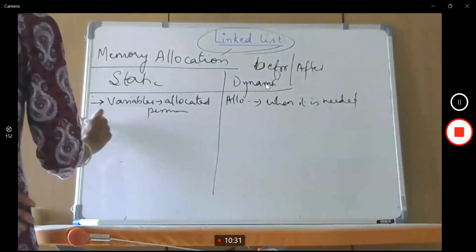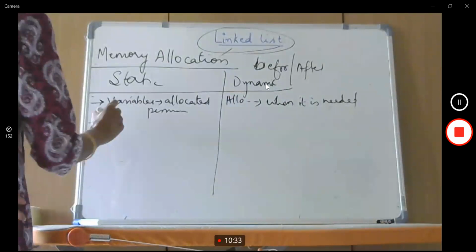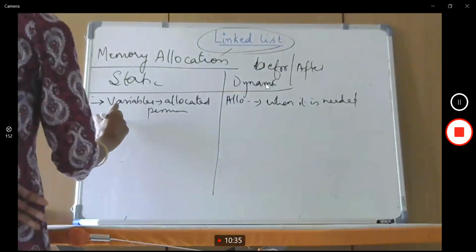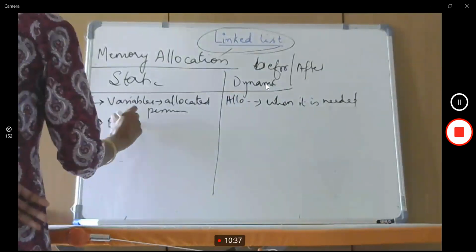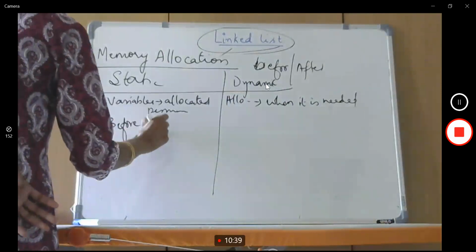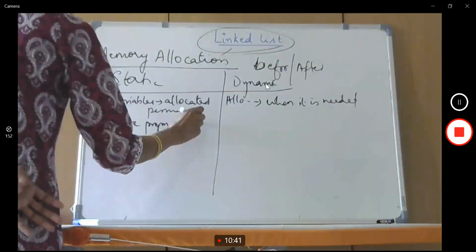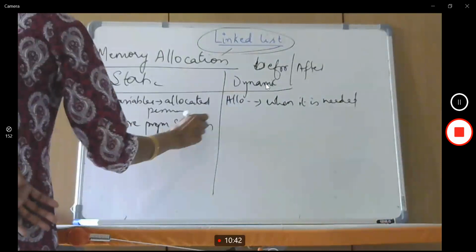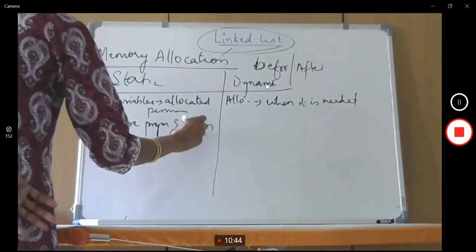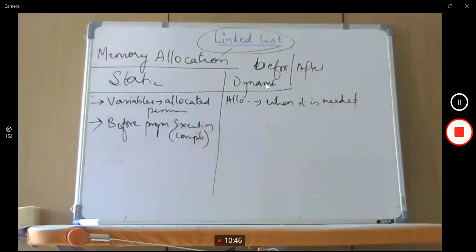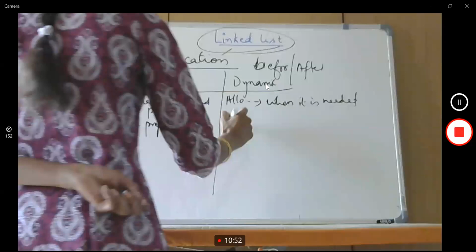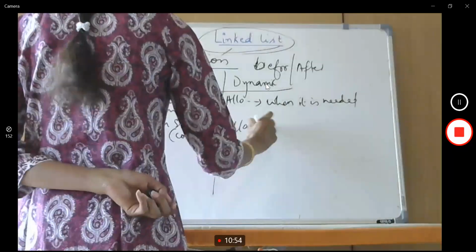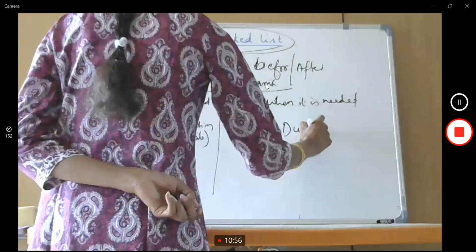The second big difference is what? In static, allocation is done before the program execution. That means you are doing it at the compile time. Whenever we talk about static memory allocation, we are doing the allocation before the program execution. In dynamic, when does the allocation happen? Allocation is done during the program execution.